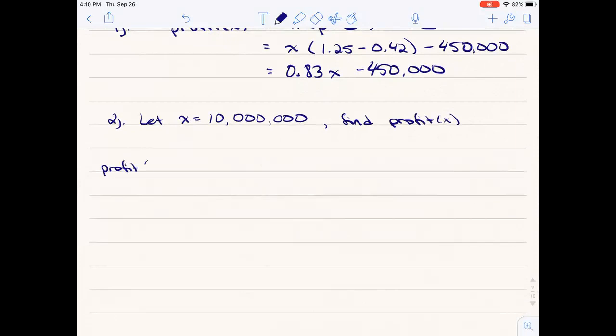The profit of 10 million is 0.83 times 10 million, minus 450,000.